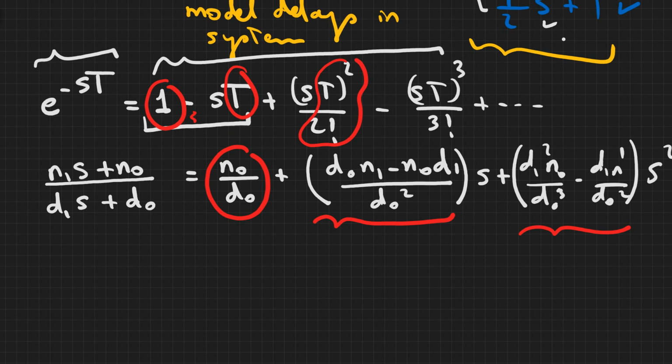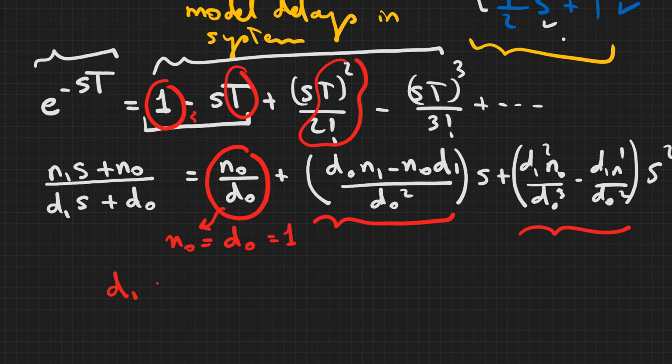From the first expression, for example, we know that n0 equals d0, because n0 over d0 equals 1. You have more unknowns than you have equations, so you can just set n0 equals d0 equals 1 without loss of generality, and then substitute those terms, and eventually you will get the following.